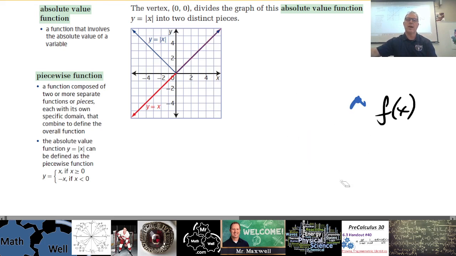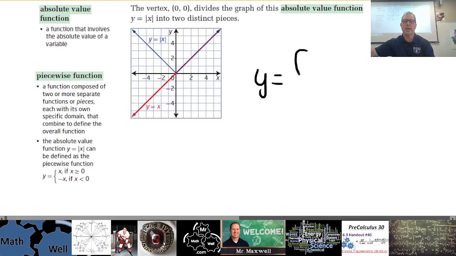So notice that what they have here is y equals, and there's a big brace here. That's a funny bracket, it's a brace. Y equals, there's two parts to this overall function, the absolute value function. It looks just like y equals x if x is greater than or equal to 0.